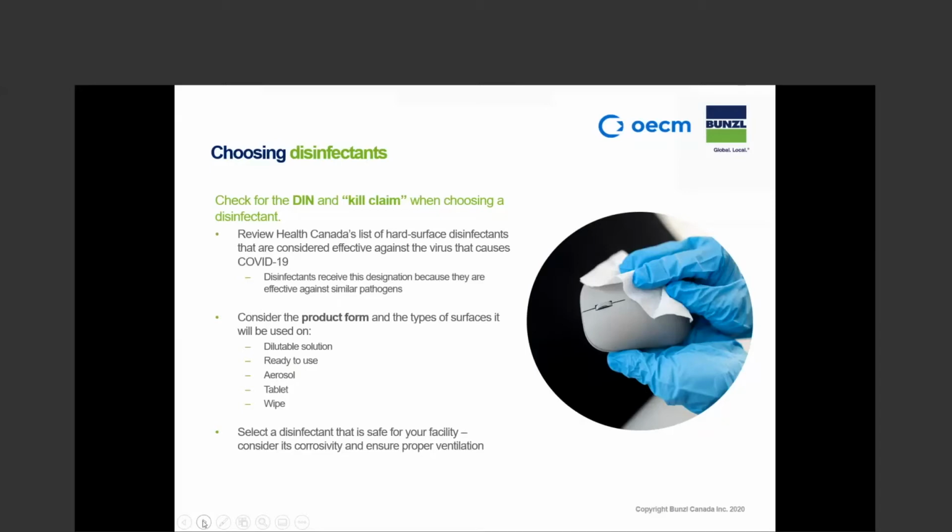So there are different forms of disinfectants available. Some have been challenging in the supply chain to get, and some have not, but usually there's dilutable solutions. There's ready to use, which have a tendency to be the products that are more in demand because they usually have a quicker dwell time as well, 1 to 2 minutes.